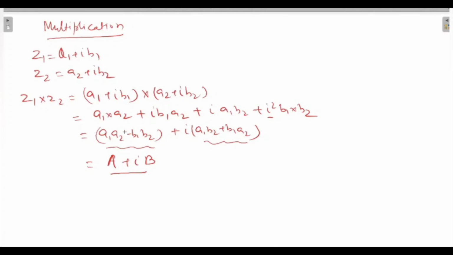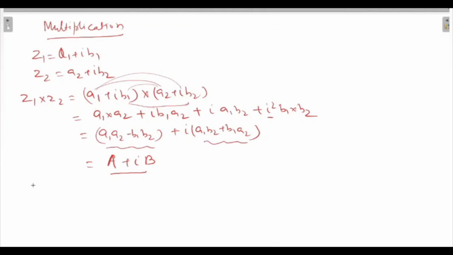Once you know how it is done, you know that to get the real part you multiply these and then put a negative sign, and then multiply the others and have the i sign. Anyway, if you don't know the rule, just multiply one with another as we normally multiply. So this is how we multiply, simply one to another.